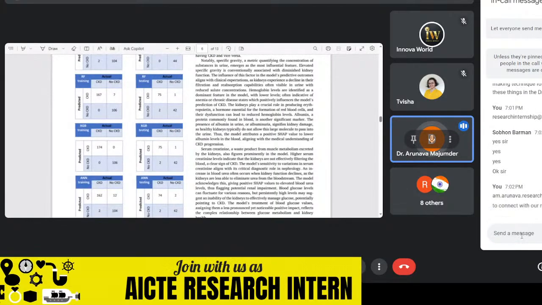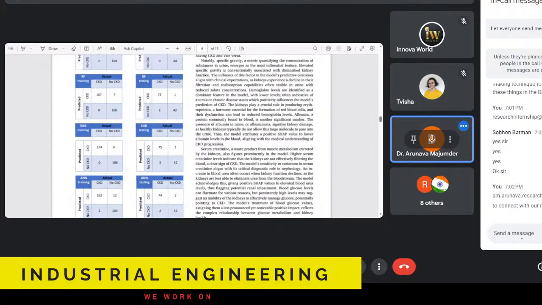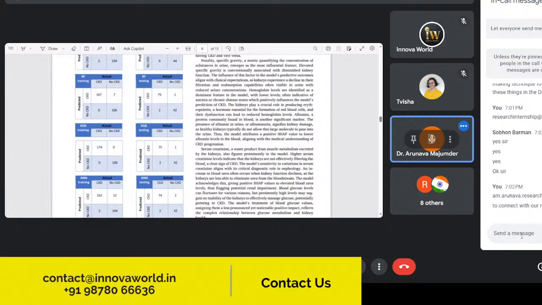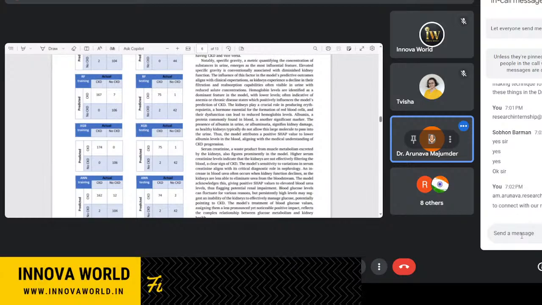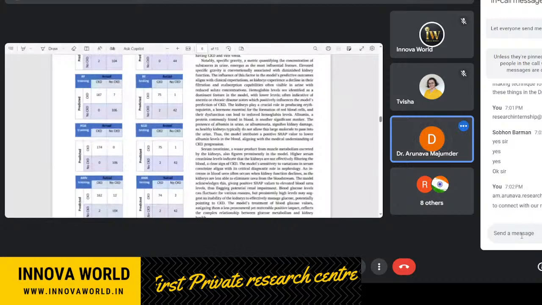Please note down these two email IDs, am.arnova.research@gmail.com or the research intensive one, or you can use both. You can send your results to both these email IDs.